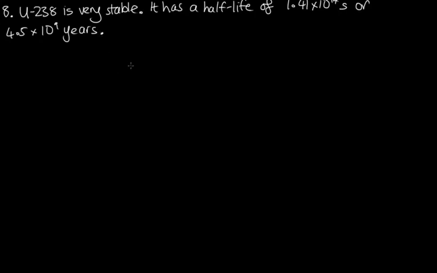So we can get uranium-238 to decay, but in order to do that, what we actually need to do is get it to collide with a slow-moving neutron, which will stick to it and make uranium-239. And this is not very common in nature.